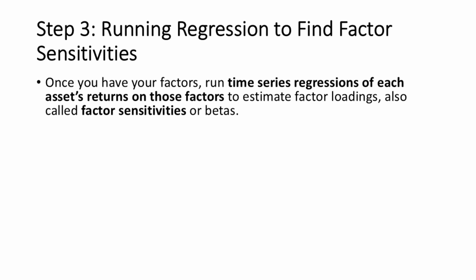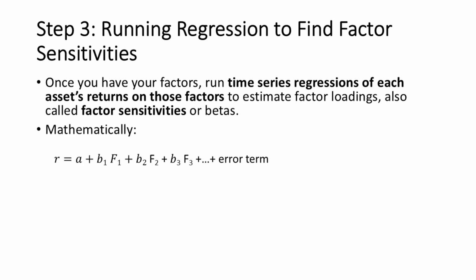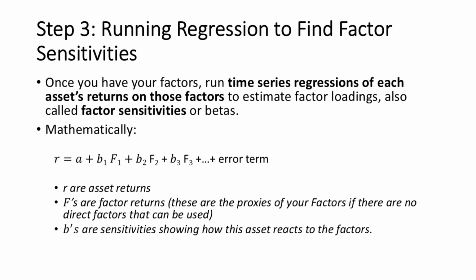Step 3. Running regression to find factor sensitivities. Once you have your factors, run your time series regressions of each asset's returns on those factors to estimate what's called factor loadings, also called factor sensitivities or just simply beta. Mathematically, this is what it looks like in terms of the equation, where R are your asset returns, F are your factor returns, and B's are the sensitivities.